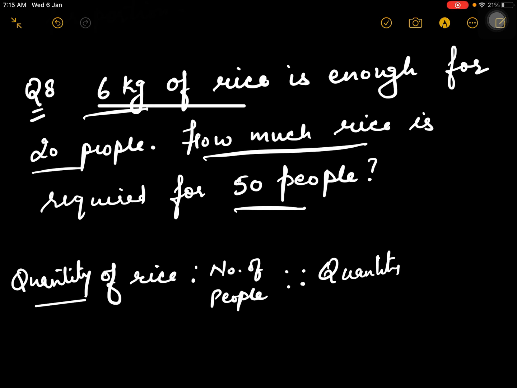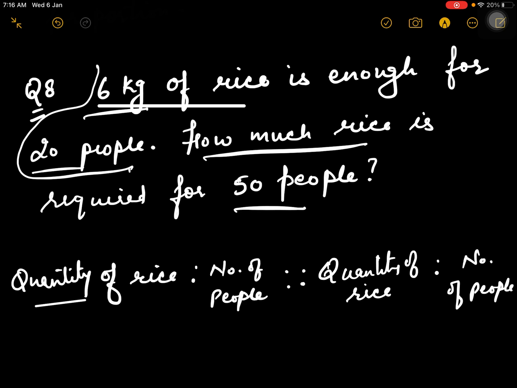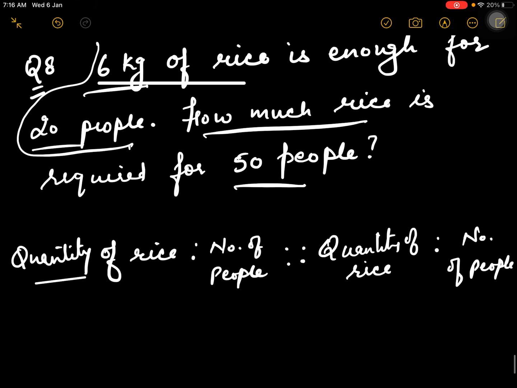Quantity of rice ratio number of people. In the first ratio we will fill from the first statement: quantity of rice is 6 and the number of people are 20, and it is proportionate to, in the second statement, we have to find the quantity of rice, so let it be x kg, and the number of people in the second statement is 50.